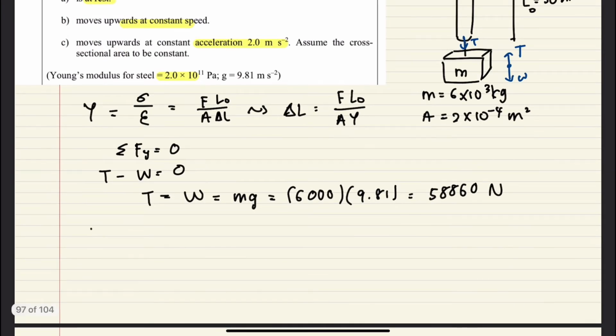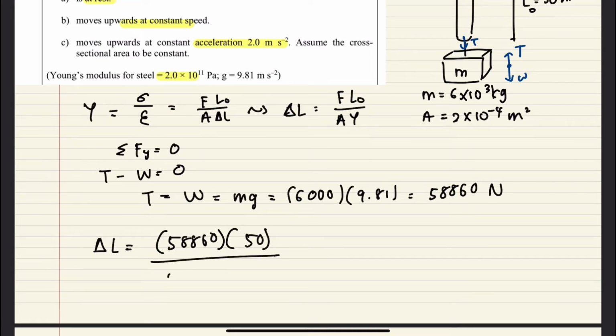Okay, now if I substitute back inside this equation, delta L will be 58860 multiplied with L naught, which is 50, over area 2 times 10 to the negative 4, and Young's modulus is 2 times 10 to the power of 11.